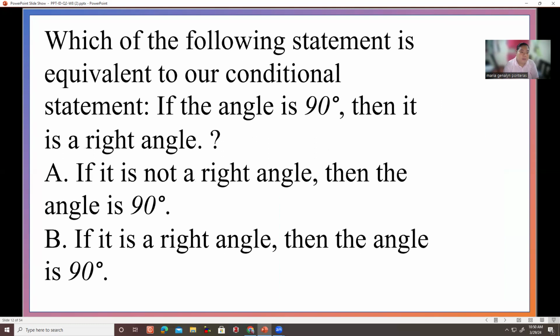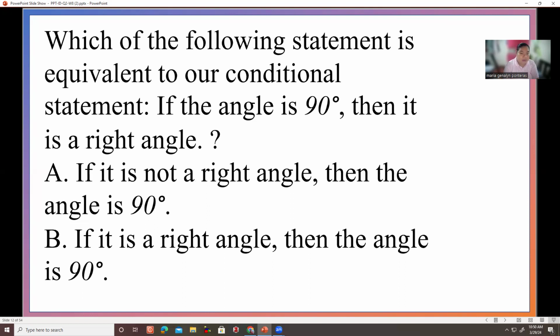Now, which of the following statements is equivalent to our conditional statement: if the angle is 90 degrees, then it is a right angle? Letter A, if it is not a right angle, then the angle is 90 degrees. This is not Q implies P. We have no not Q implies P in our previous lesson.